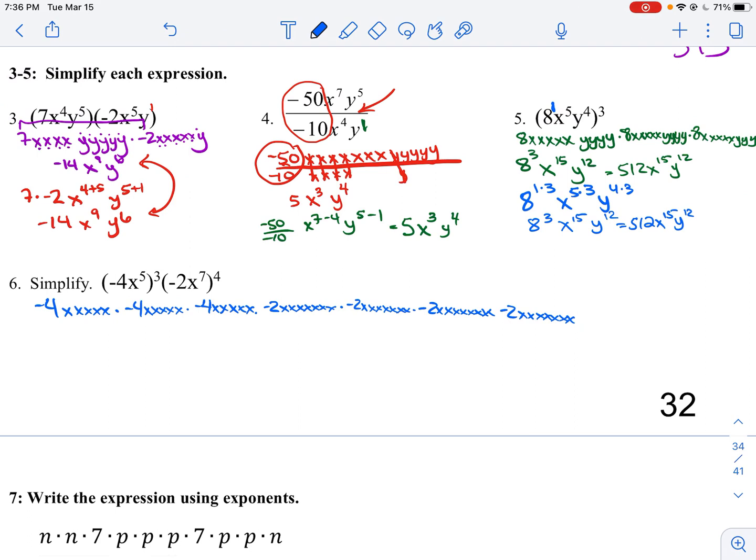Look at that. So I have negative 4, and I have 3 of those. I have negative 2, and I have 4 of those.